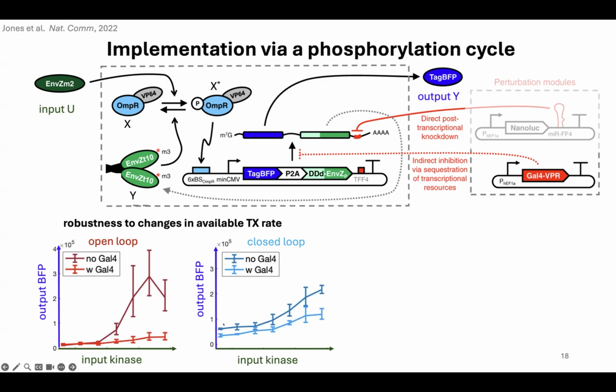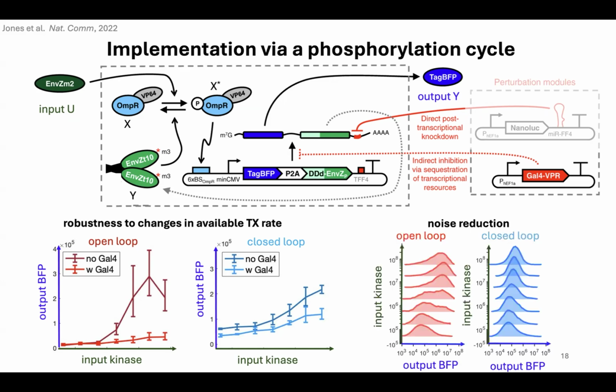And the response, as you can see, is much more linear-like. Moreover, if you look at the noise between the open loop and the closed loop system, you can further see that the closed loop system is able to keep a much more concentrated distribution. So it's decreasing the coefficient of variation of the output, as is expected by negative feedback control.